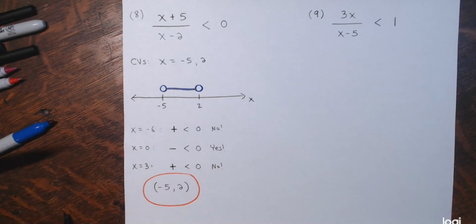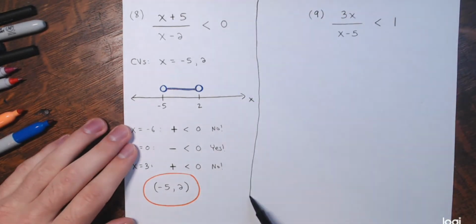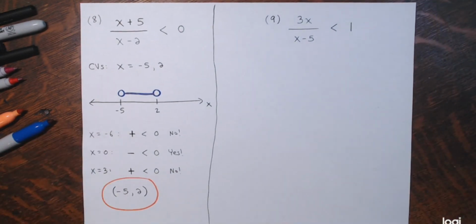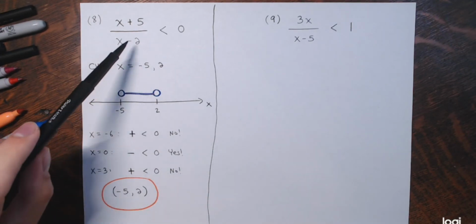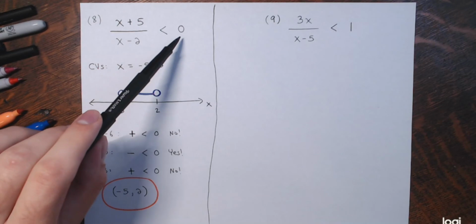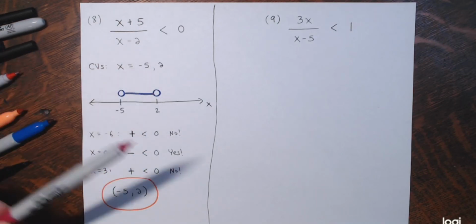All right. Now here's where we start getting a little different. So look at example 9. See, so far in examples 1 through 8, they had it the way I wanted it to start. Single fraction on one side and 0 on the other. Now look at this one.